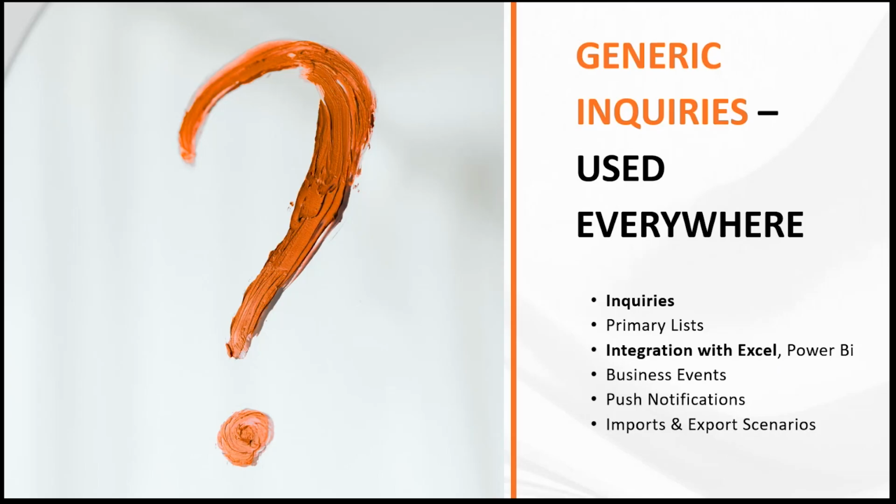They're used for primary list or entry point screens, which allow you to do mass updates, status changes, direct entry into the forms. They're used for integration with Excel, which I'm going to look at in a few minutes. They're used for business events, push notifications. They're used for imports and exports.